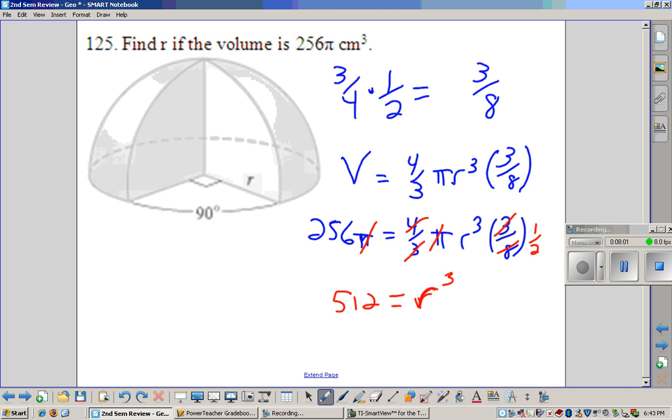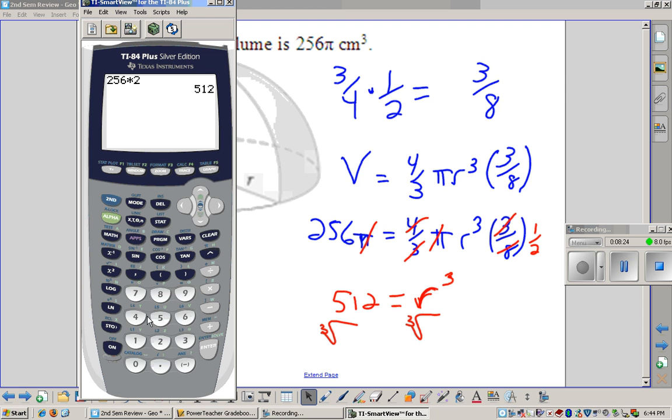Now we're going to need to take the cubic root of both sides, which can be done on the calculator. Let me show you how to do that.